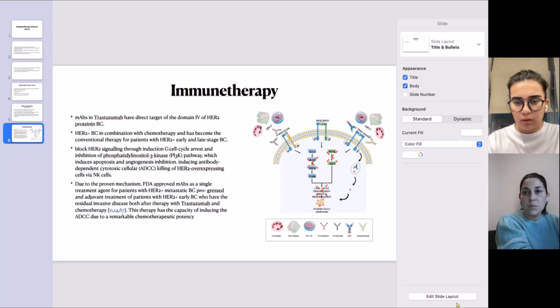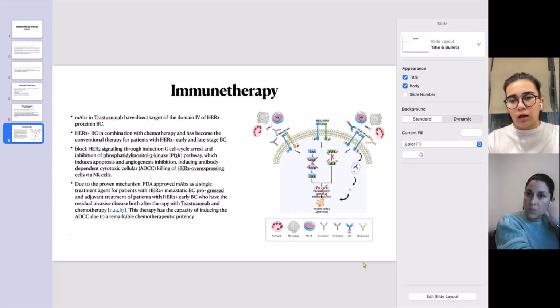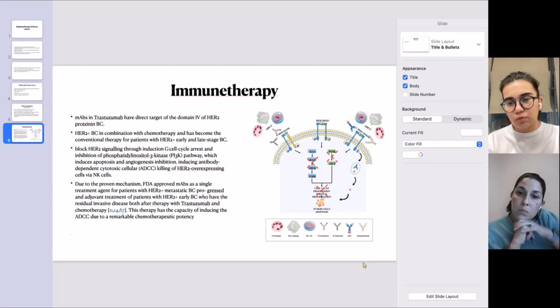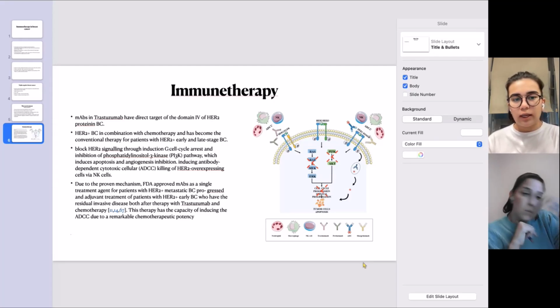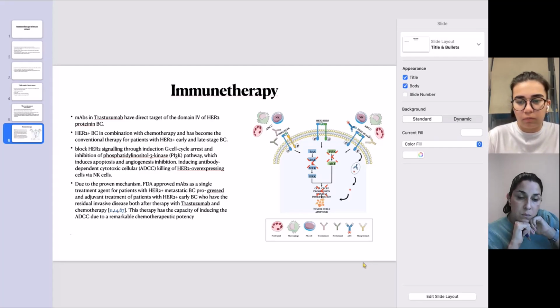Since this mechanism has been proven to have a positive effect on inhibiting the HER2 receptor, the FDA approved that the monoclonal antibody trastuzumab can be used as an agent for treating patients that have the luminal B type of carcinoma, expressing HER2 positive metastatic disease, and as adjuvant treatment of patients in early breast cancer identification.